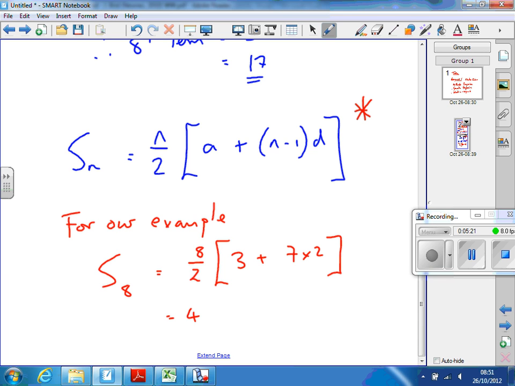So that's going to equal 4 times 17, which is 68. So if we were to add up all those numbers, starting at 3 and going for 8 terms, and added them together, we get 68.